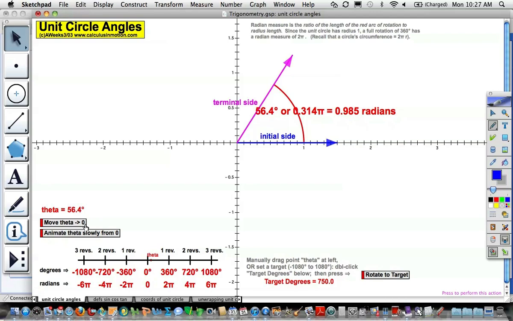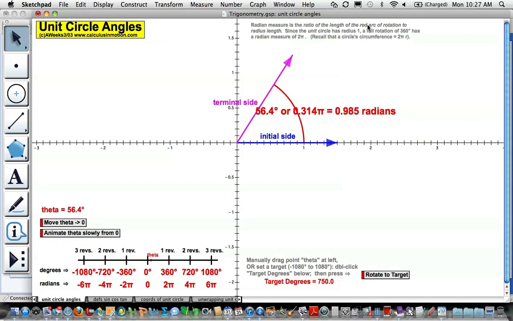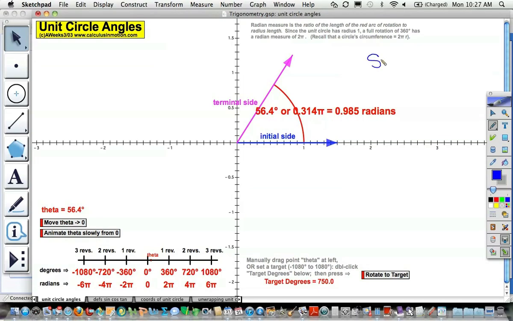Now, one of the formulas that you had last year was S equals R theta. The arc length of a circle, if you're in radian measure, is simply the radius length times the radian angle.